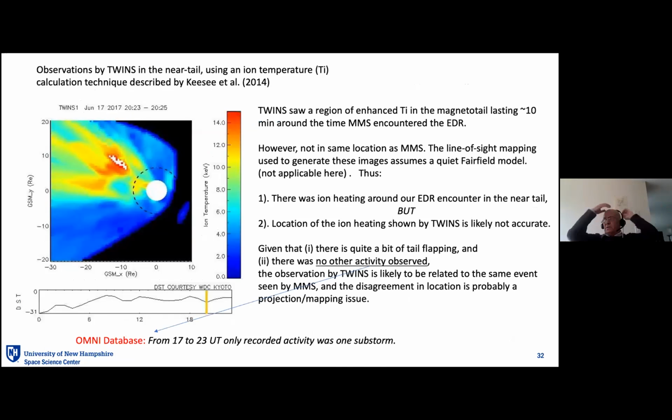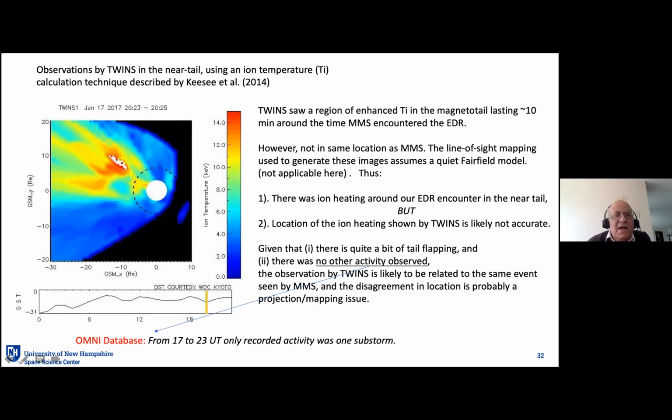Now, earlier on, we saw the reaction of the protons, right? The proton velocity was not picking up, and we said that's because it was very close to the X line. But we also saw there was no temperature increase.